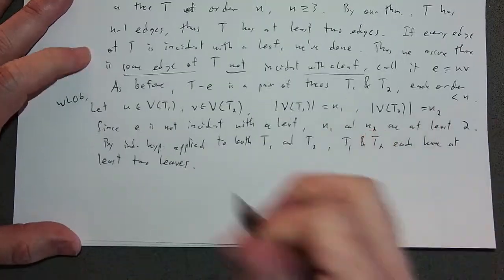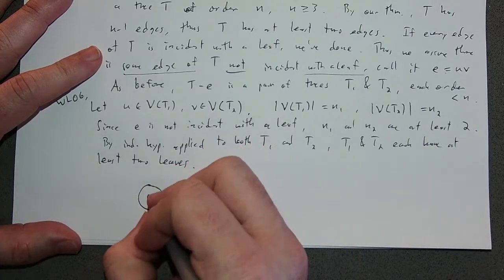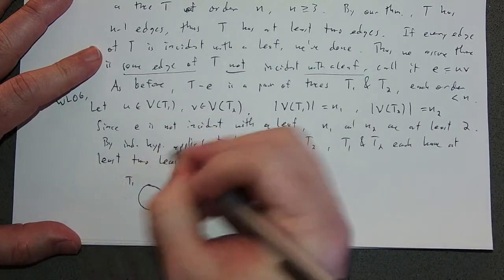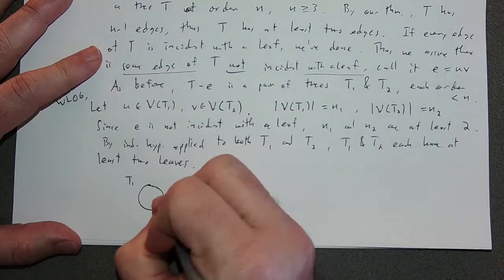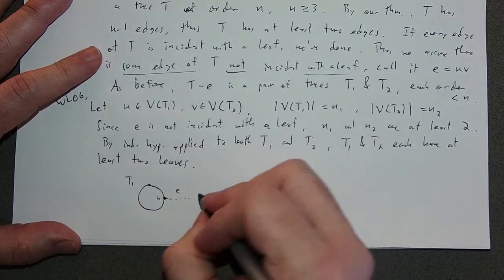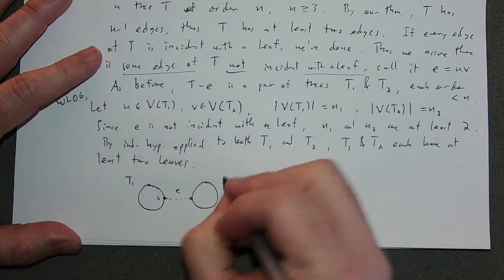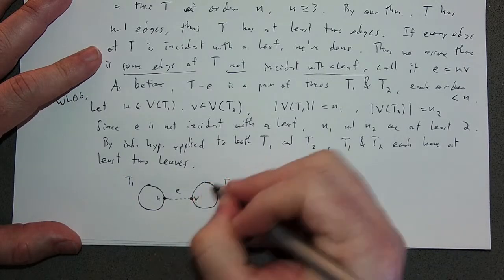So I'm going to draw the picture. Here's my graph. We'll call it T1. Here's the vertex U in T1. Here's the edge E that connects T1 and T2. It's the bridge between T1 and T2. Here's V. Okay.